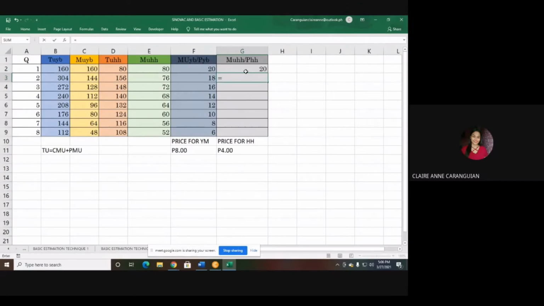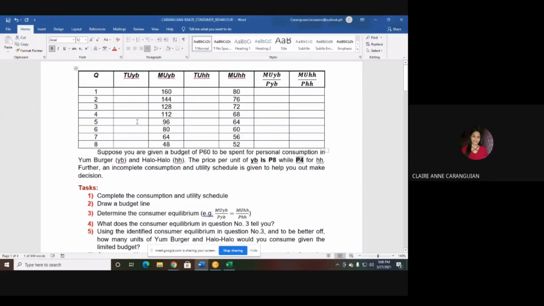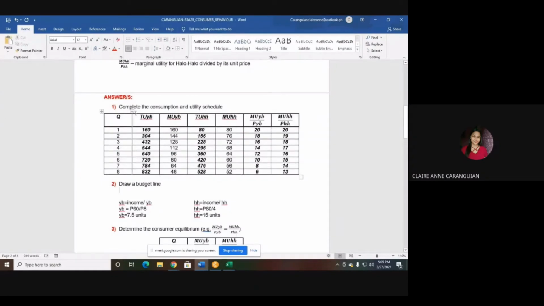Same process as quantity 2: 76 divided by 4 is equal to 19. Then drag it down. So there it is. We just copy it here in the given. Requirement 1, which is to complete the consumption and utility schedule, is done.